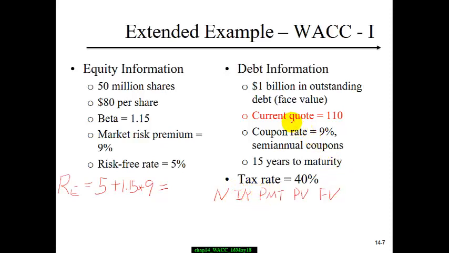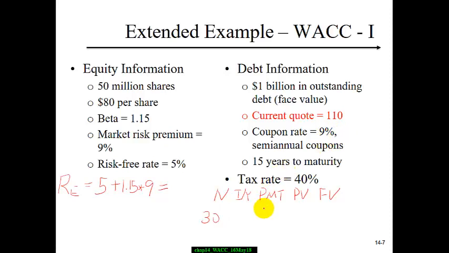This bond has a coupon rate of 9%, semi-annual frequency, 15 years left to maturity, quote 110. As it's semi-annual, 15 years means 30 coupon payments. 9% means 9% of $1,000, $90 every year.